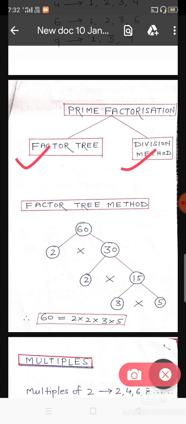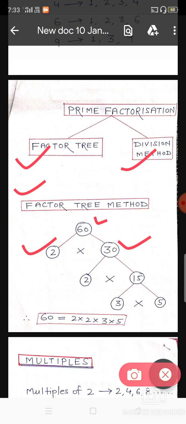Okay, first I will explain factor tree method. Yes, what you can observe here, 60. In 60 you will split into two factors in which one should be a prime number. So 60 can be written as 2 and 30. Yes, 2 into 30 is 60.